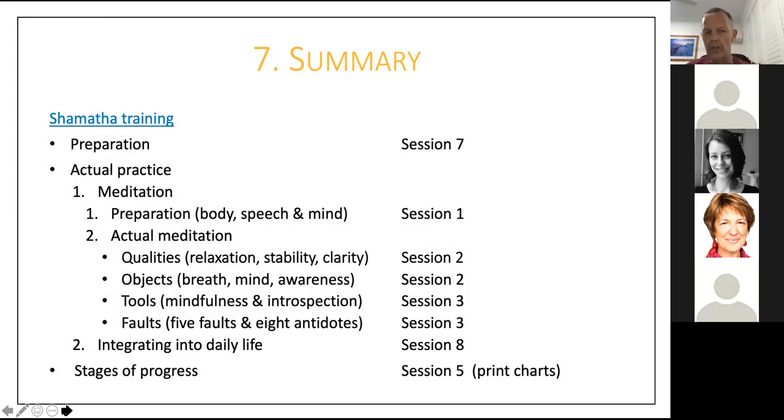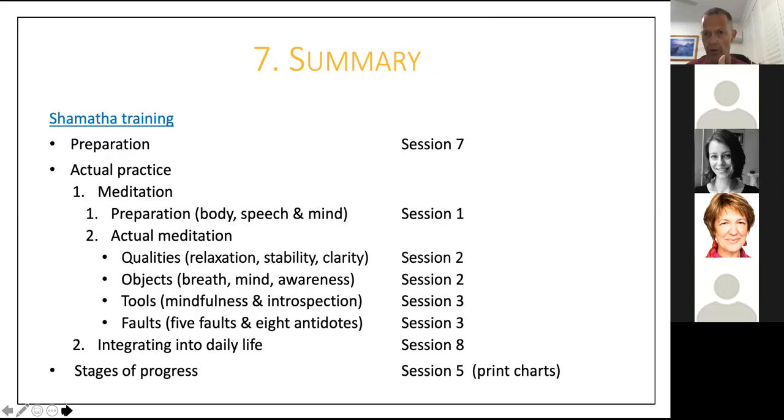Then today we looked at the preparation to prepare body, speech, and mind at the beginning of the session. In the actual meditation, we looked at these 3 qualities to cultivate in the shamatha practice. The objects we can use, the recommended one, the breath, mind, awareness. Of course, here in this weekend, we're using the breath. We looked already at the full body and the abdomen practice.